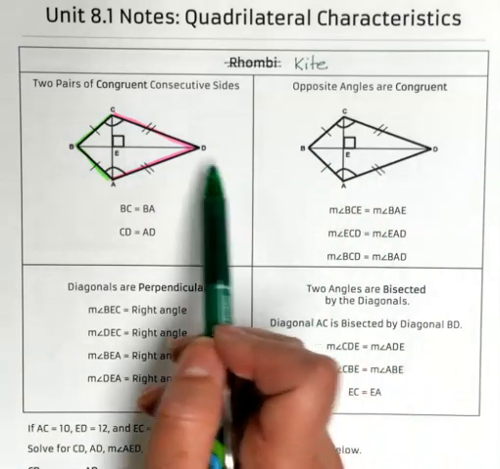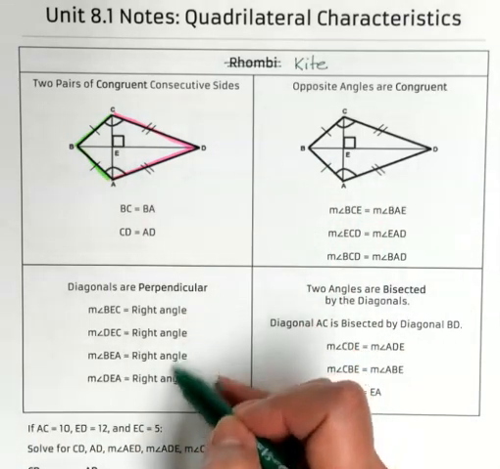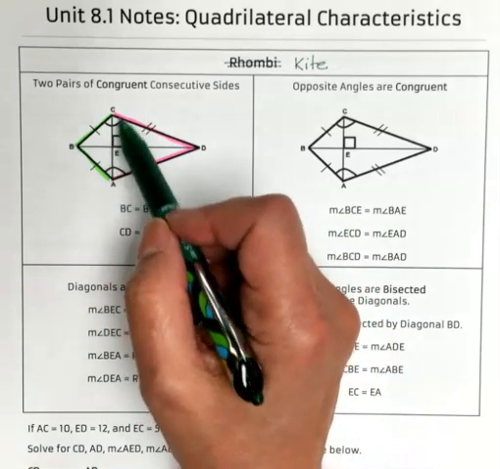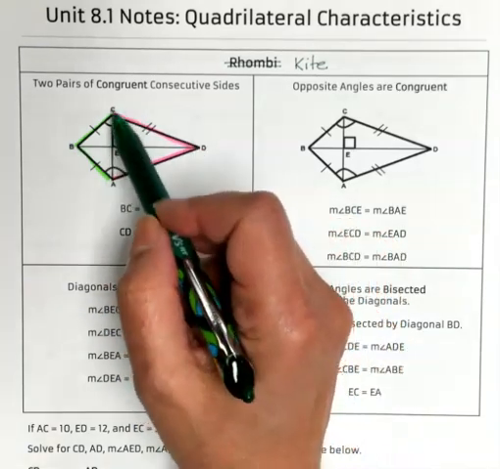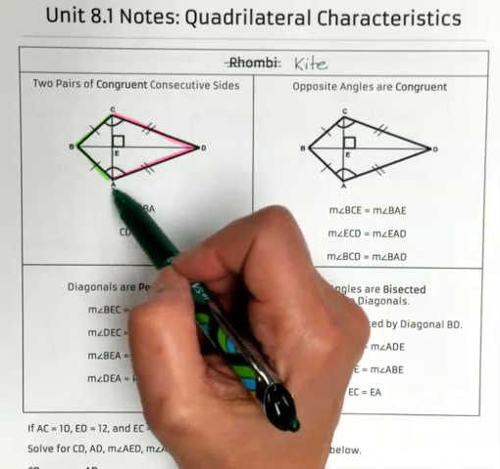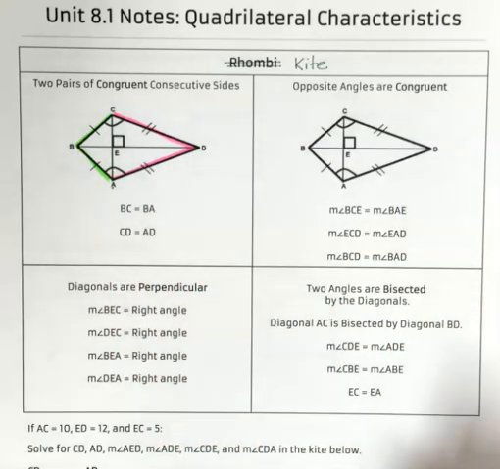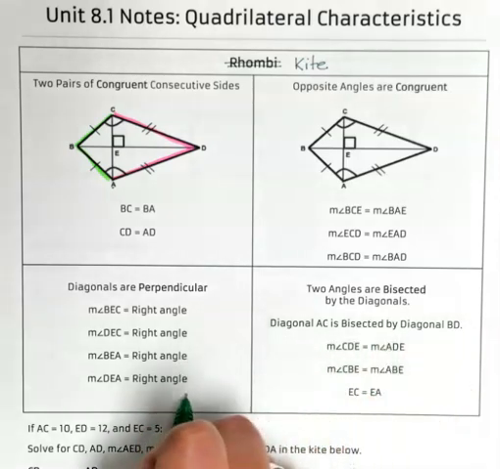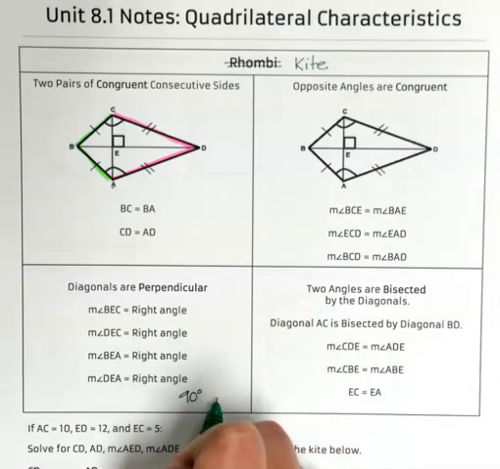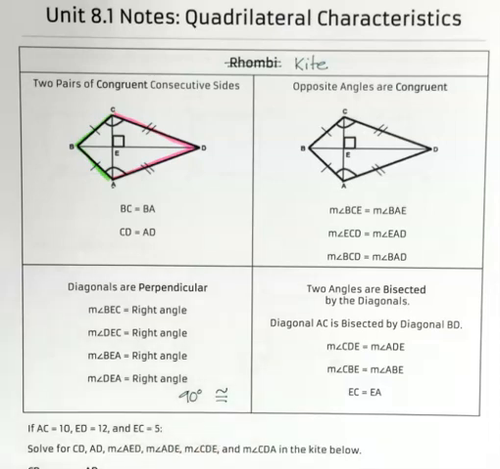So what we have created is 4 right angles, BEC, DEC, BEA, and DEA. They are all right angles. That means they measure 90 degrees and they are all congruent.